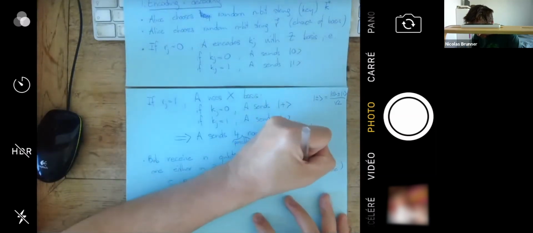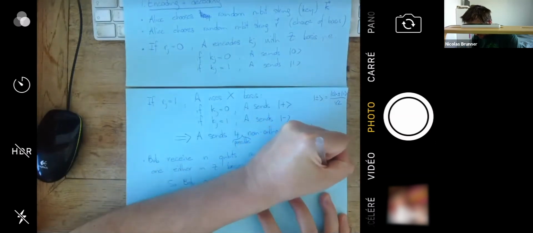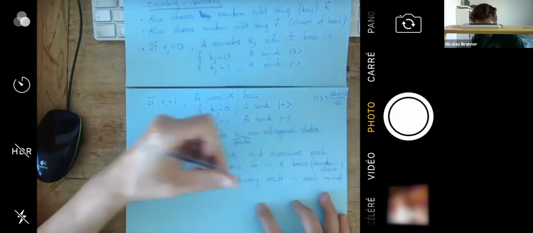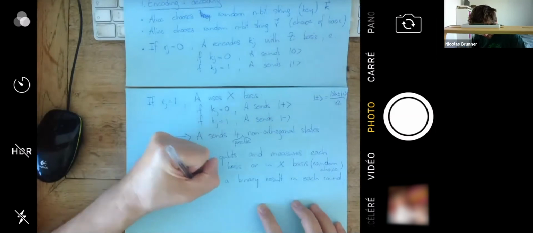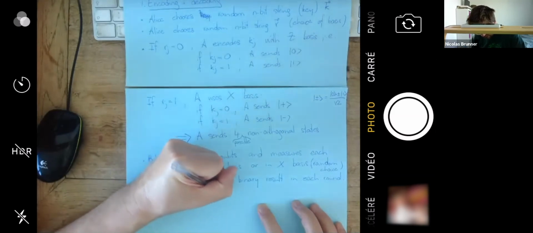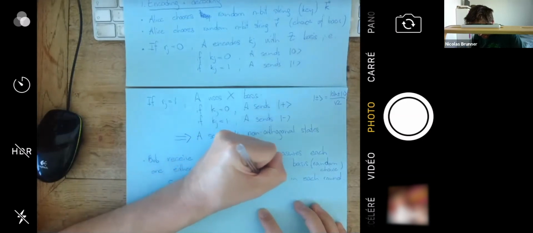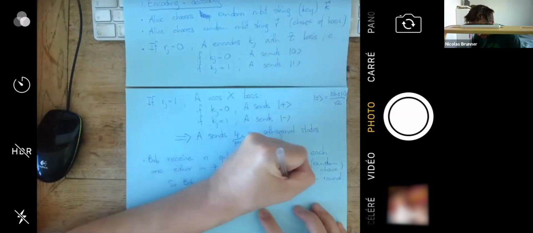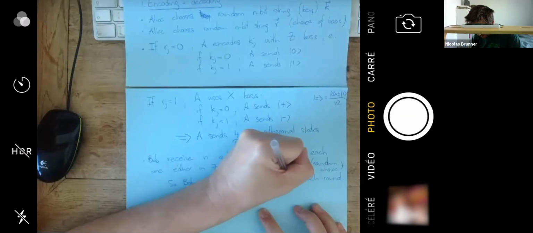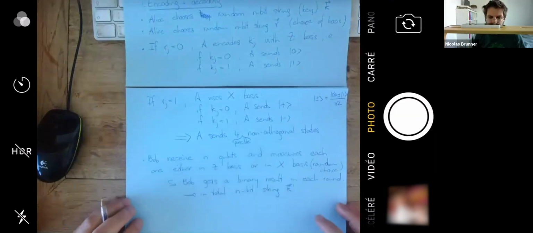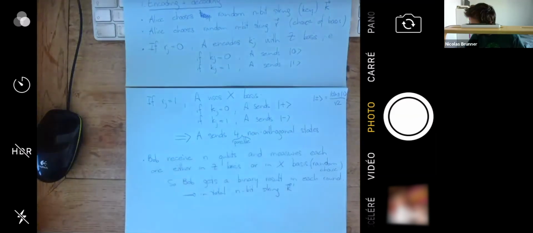In total, he now has an n-bit string. Let me call it k prime.